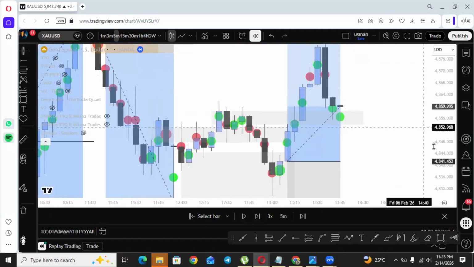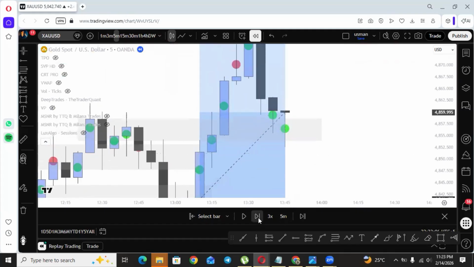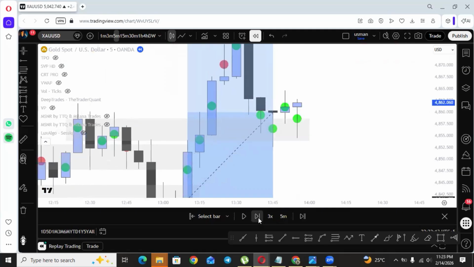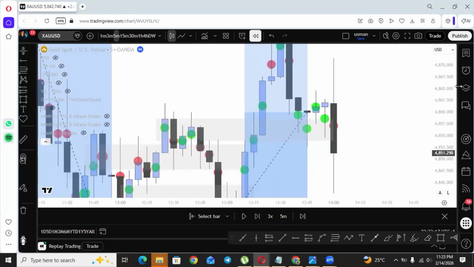Again, sellers are trying to push down, but buyers are showing their aggression in these sell candles. It is a sign of exhaustion. Sellers are exhausted. Buyers are showing a follow through.